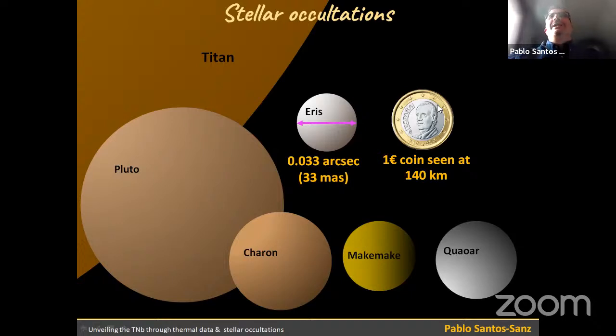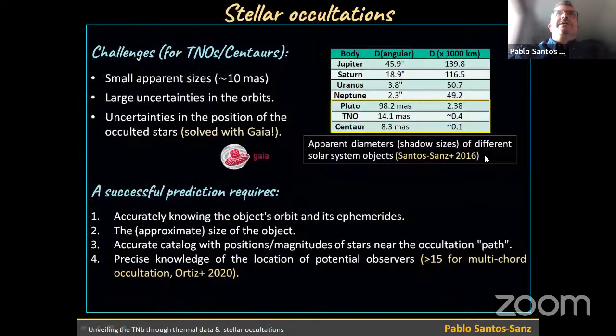This is mainly for European people, but it is about a 1 euro coin seen at 140 kilometers. It's really small. But we are interested in objects that are even smaller than this one, objects with 10 milliarcseconds in apparent size.